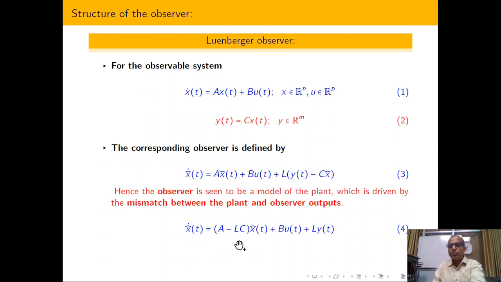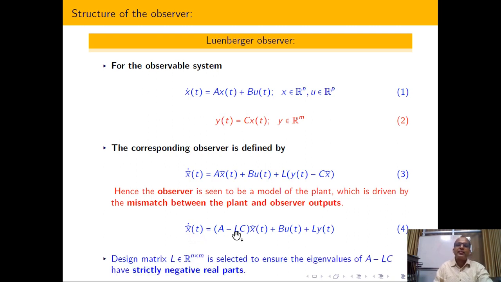Now it is possible to show that if you select this matrix L such that the eigenvalues of the matrix A minus LC have strictly negative real part, then I am able to prove that x minus x cap tends towards 0. It means that x and x cap become the same, and at that time system 1 and system 3 are exactly the same.